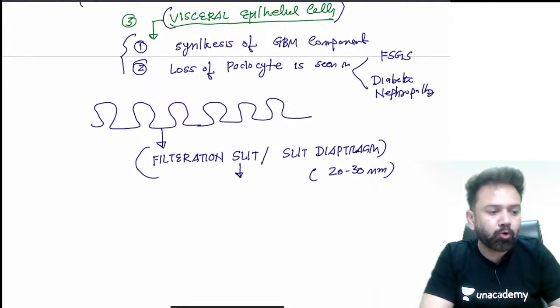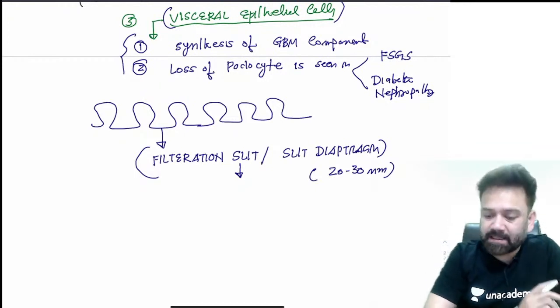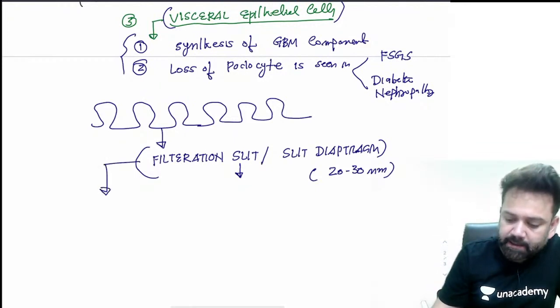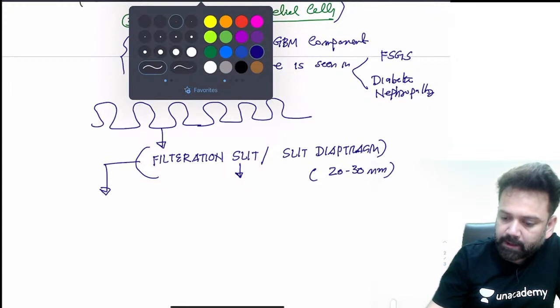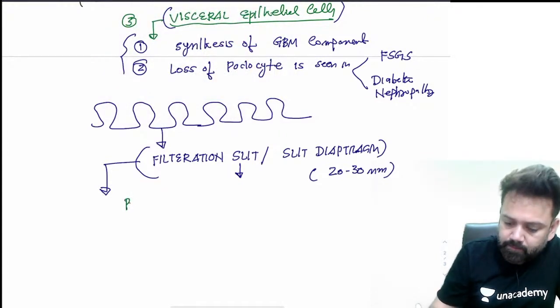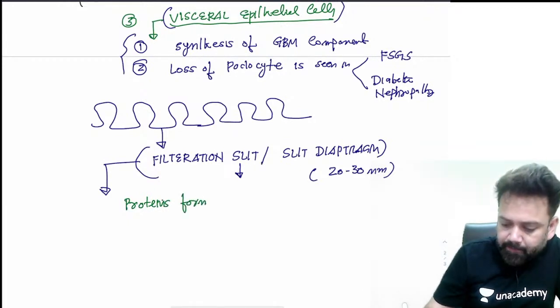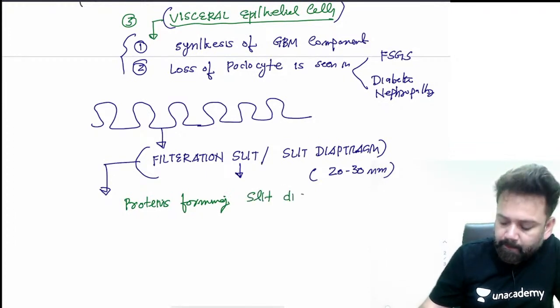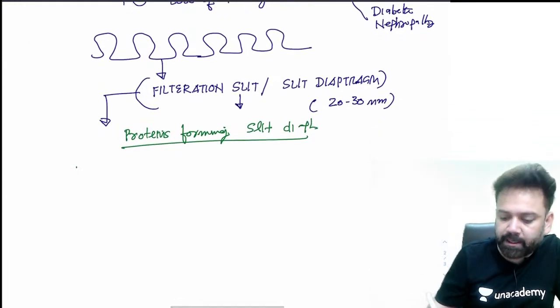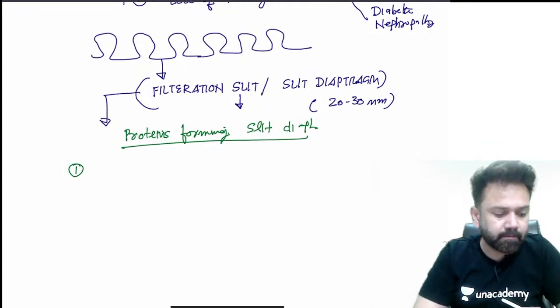Number 2 question is, what are the proteins that are forming this slit diaphragm? And what will happen if there is mutation of these proteins? Protein number 1 is, yes, nephrin.